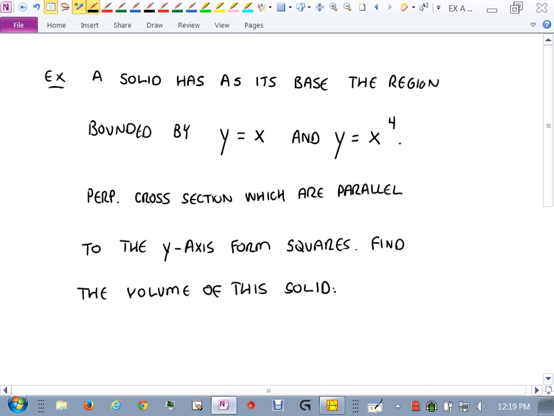Which to me, it's a line, y equals x, and then it's like a parabola that comes up, right? Something like that. Now, it says that when I take perpendicular cross sections, which are parallel to the y-axis, what that means is I come in here with a knife, okay? And I get my knife parallel to the y-axis, but perpendicular to the actual ground.